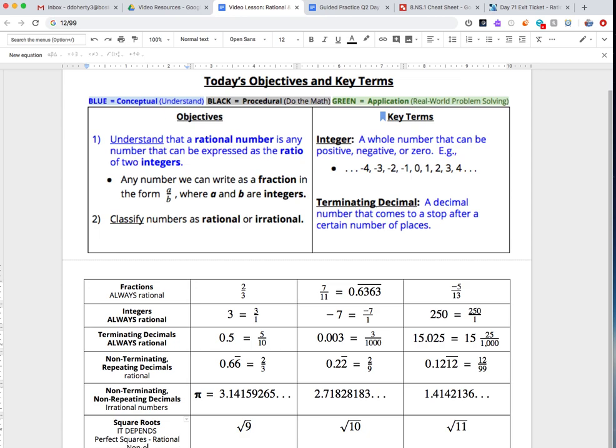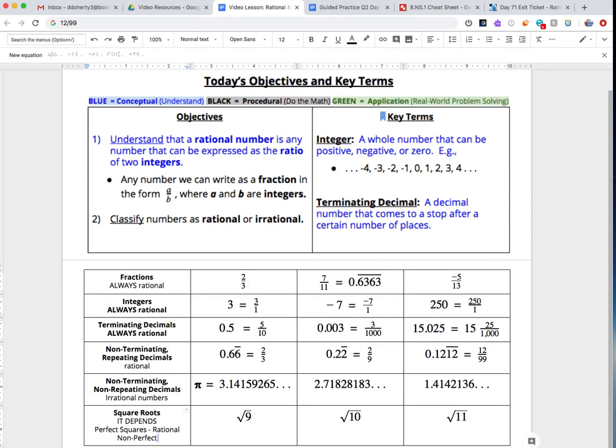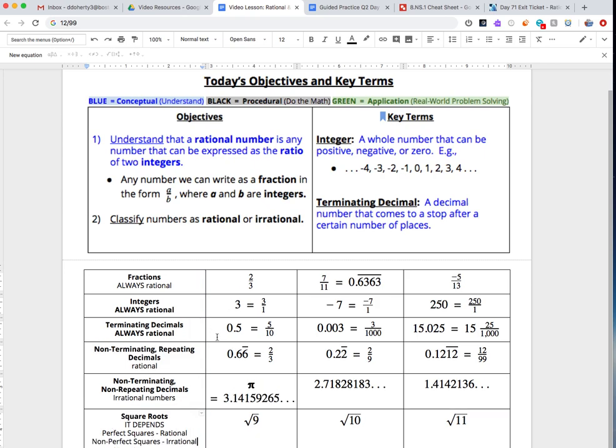And the non-perfect square roots, the ones that do not have a nice answer, are always going to be irrational numbers. So let's take a look. Square root of 9 turns out is a perfect square. That's equal to exactly 3. Because of that, the square root of 9 is going to be a rational number.